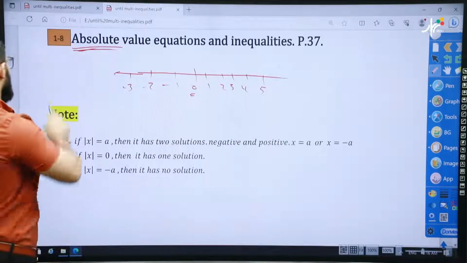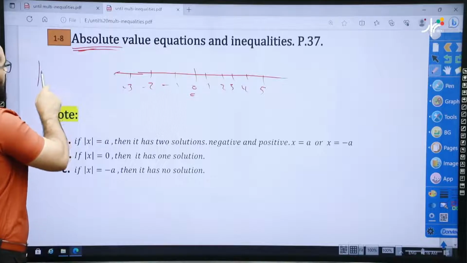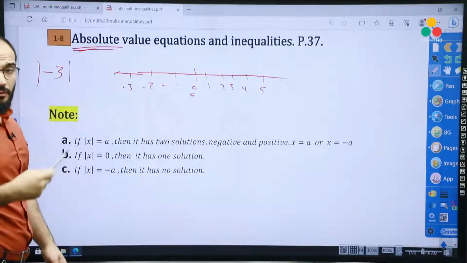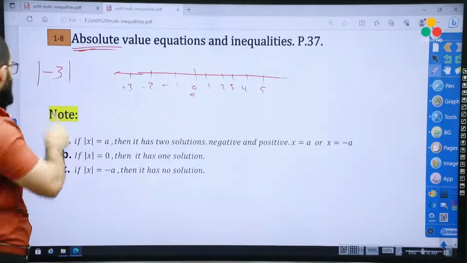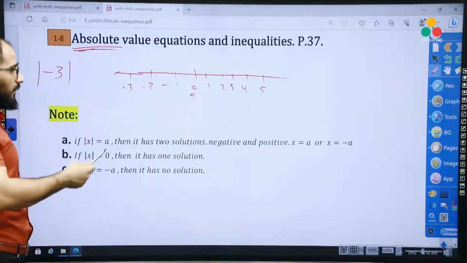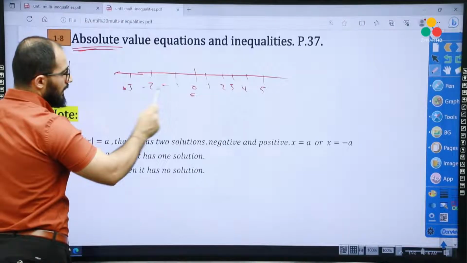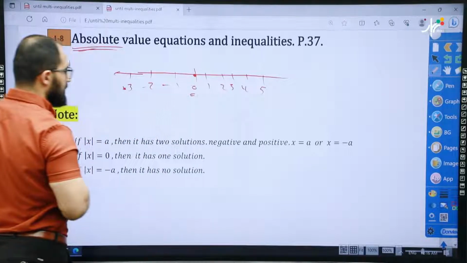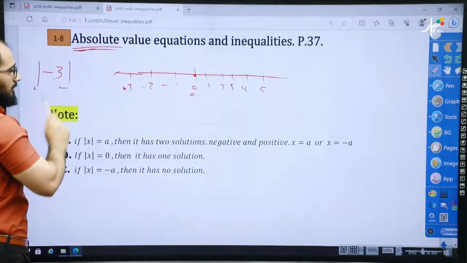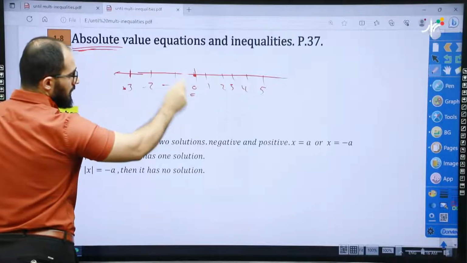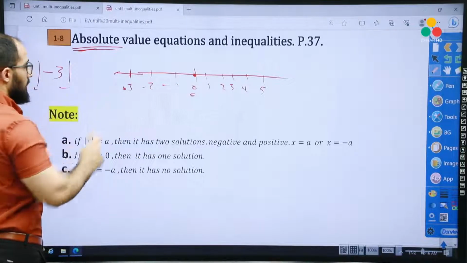For example, let's say we have the absolute value of -3. When we say the absolute value of -3, it means the distance between -3 and the origin point 0.